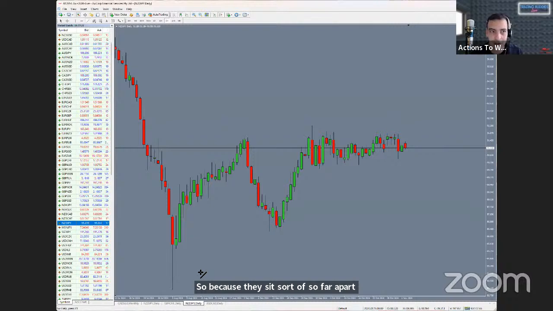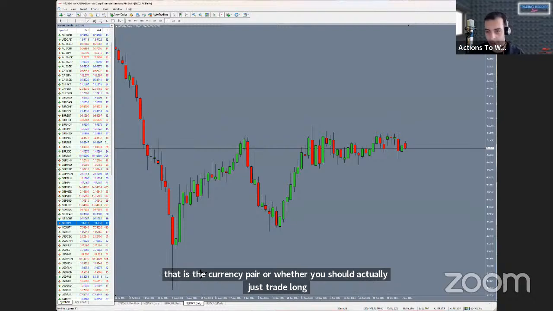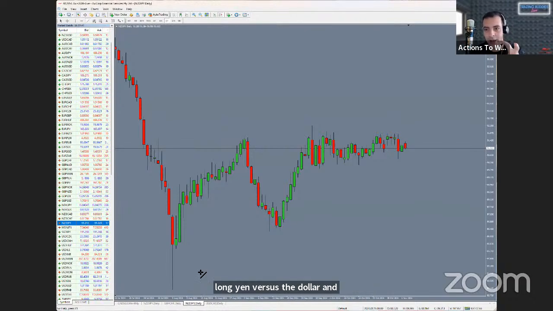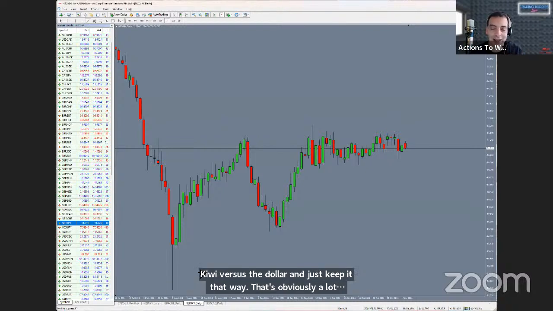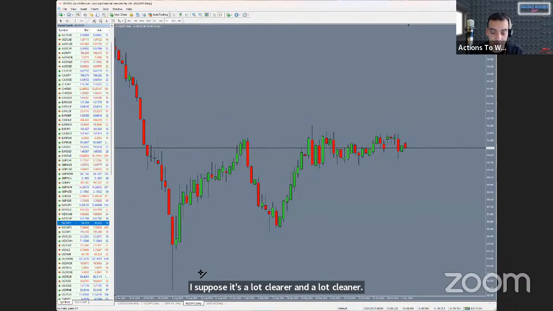And I take your point, whether that means that is the currency pair, or whether you should actually just trade long yen versus the dollar and short Kiwi versus the dollar and keep it that way. That's obviously a lot clearer and a lot cleaner. But I think this is still valid, and I still think it's the better way to trade it.